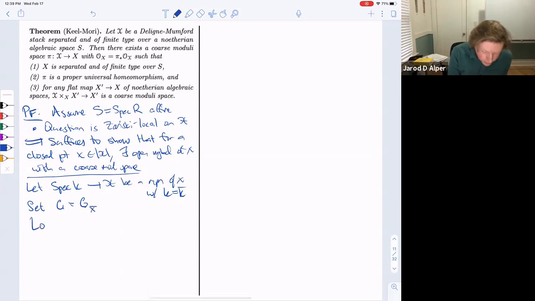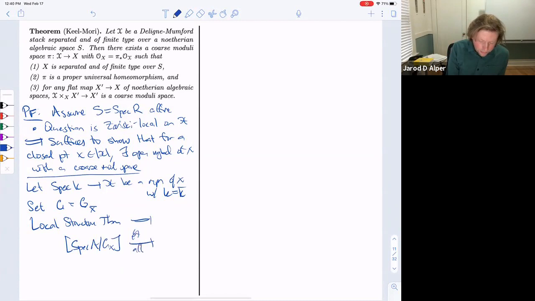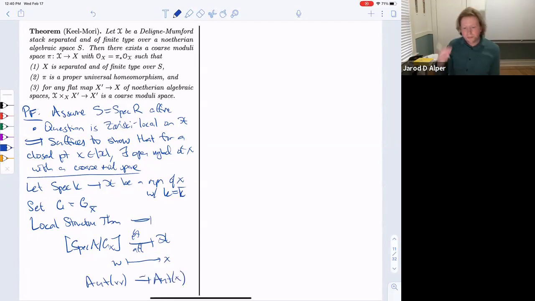And the local structure theorem gives us this map that's a tau affine to X and a point W mapping to X. And we know that the automorphism group of W maps bijectively to the automorphism group of X.